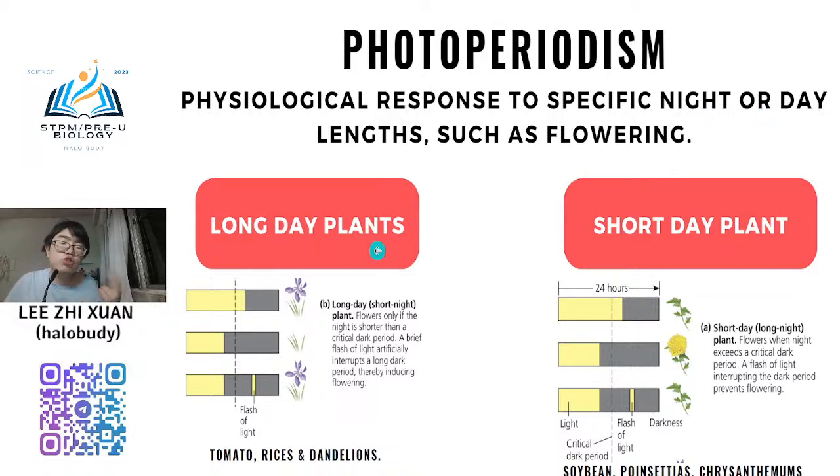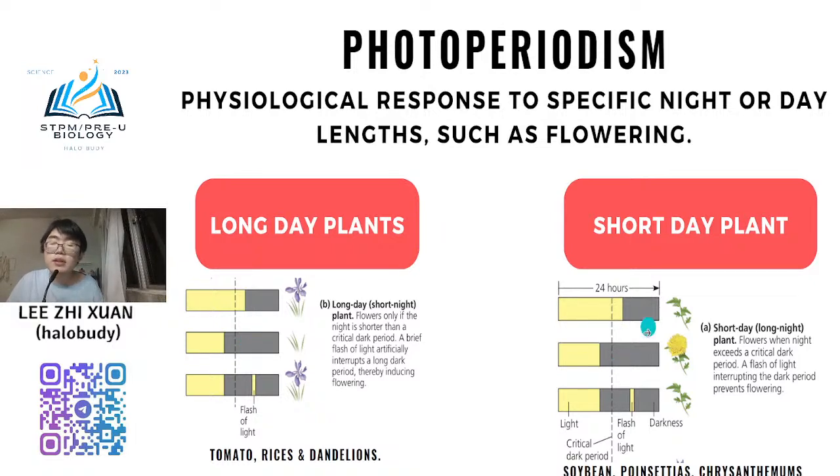So there are two types of plant: long day plant and also short day plant. Long day plant means that this plant will only flower when the day length, the day length meaning the sunny day, is longer than the critical point. So there is a critical point, the critical dark period.